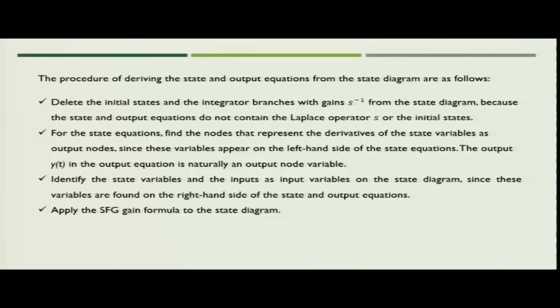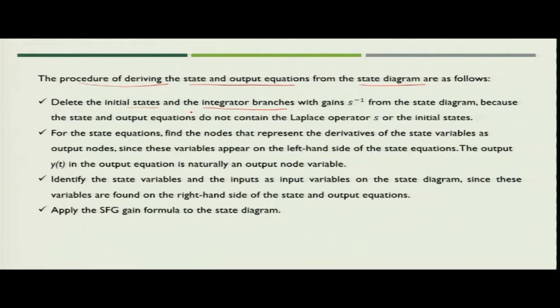Now, let us find the procedure of deriving the state and output equations from the state diagram. In the state diagram you have seen that there are initial states and integrator branches in addition to the gains which connect one node to another node.